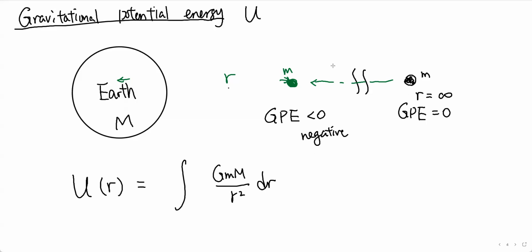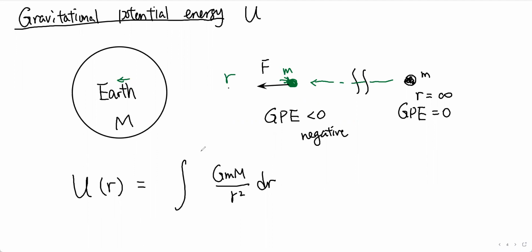So now, you know there's an attractive force acting on the small m. And then this gravitational force will do work on the object to increase its KE.